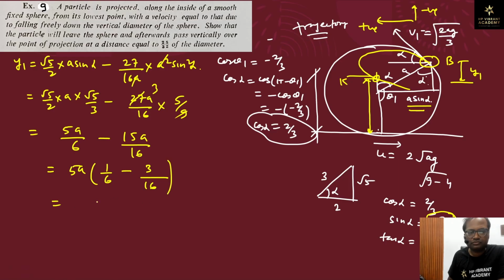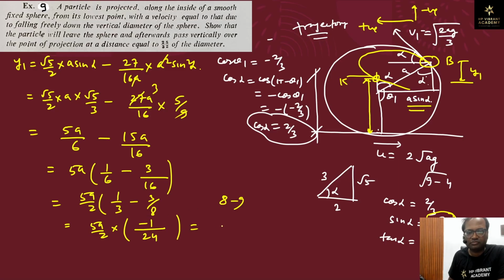This is equal to, let us take 2 common, 5a upon 2, 1 upon 3 minus 3 upon 8. So this is equal to 5a upon 2 into (8 minus 9) upon 24, which is minus 1. So this is equal to minus 5a upon 48. This is y1. Now what we have to find? This y1 is equal to 5a upon 48.